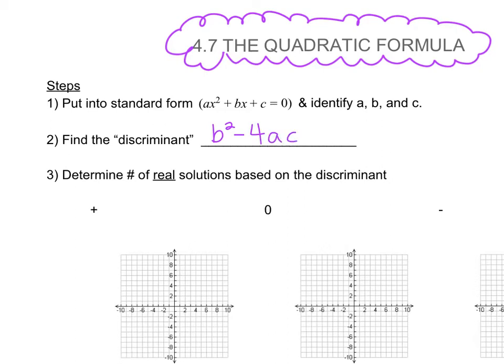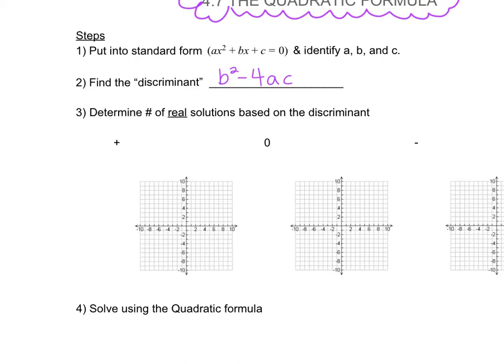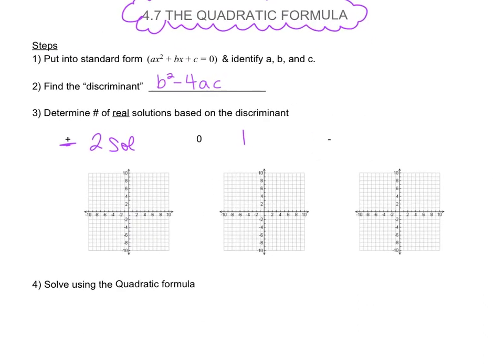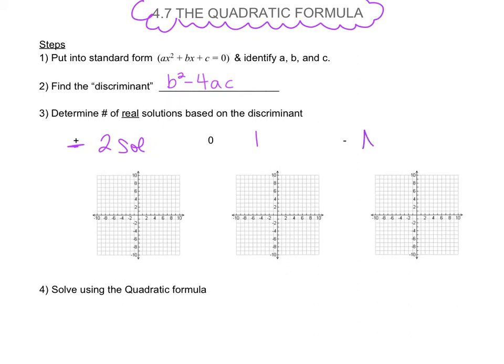Based on your discriminant, that determines how many real solutions there are. If your discriminant is positive, there are 2 solutions. If your discriminant is 0, there's 1 solution. And if your discriminant is negative, there are no solutions.